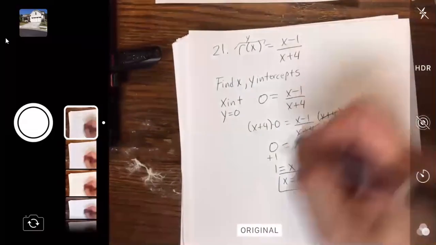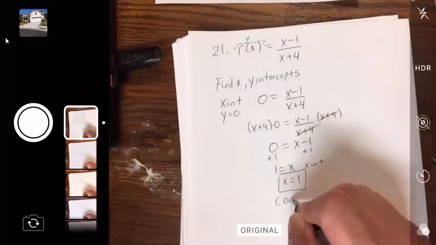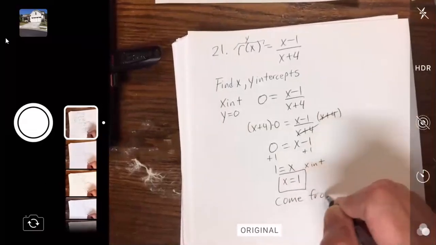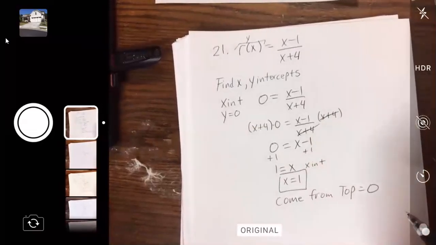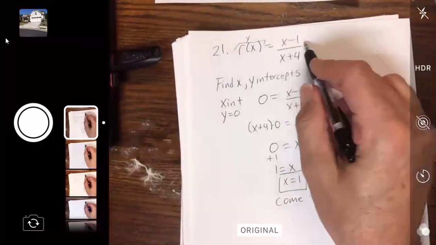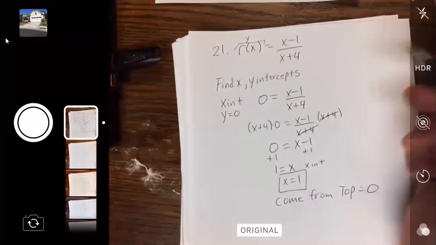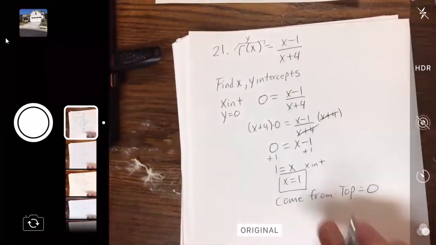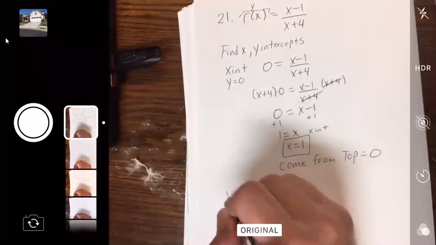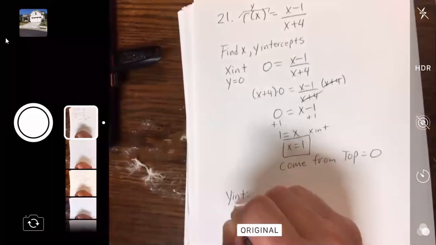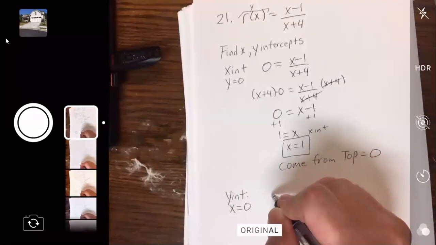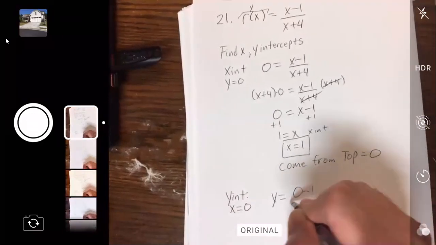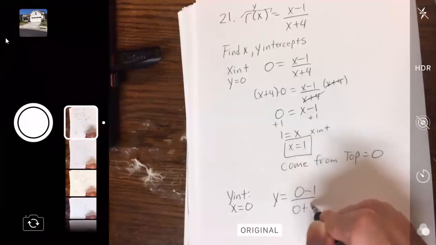Your x-intercepts come from where the top equals 0. Always. Because if I stick in 1, 1 minus 1 is 0, and 0 on top gives me 0. At your y-intercept, the other letter, x, is 0, which means y is 0 minus 1 over 0 plus 4.